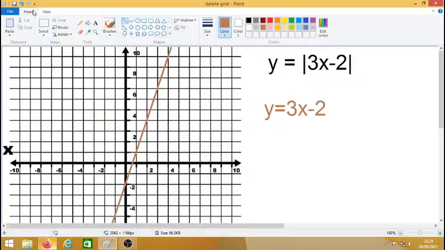Now what you want to try and do is think about the modulus function. And if we put a modulus function around that, what does that mean? What it means is that for any answer we get for our y coordinate, any negative would get dropped, and we would just be looking at the positive.